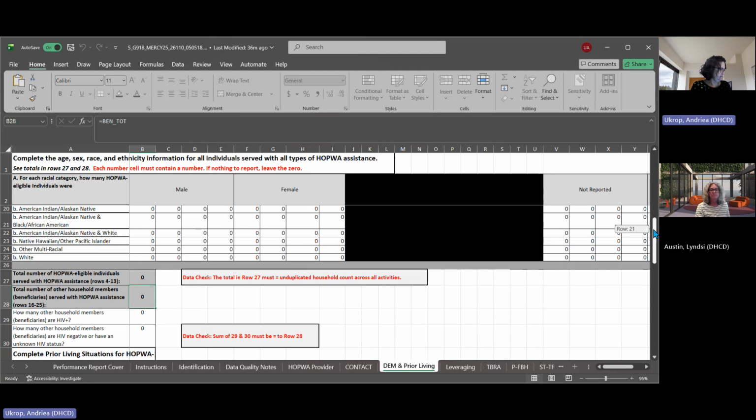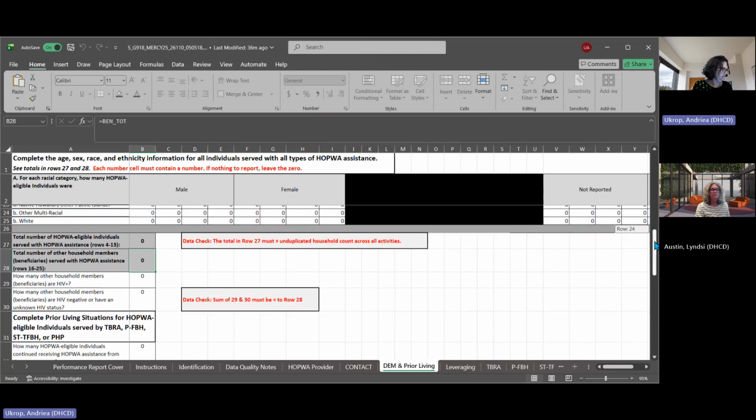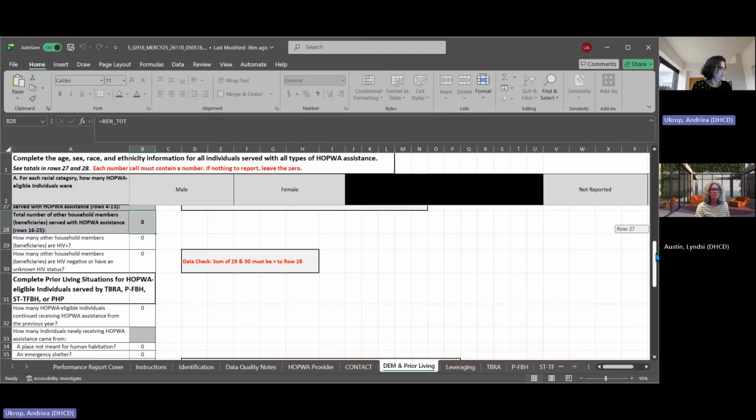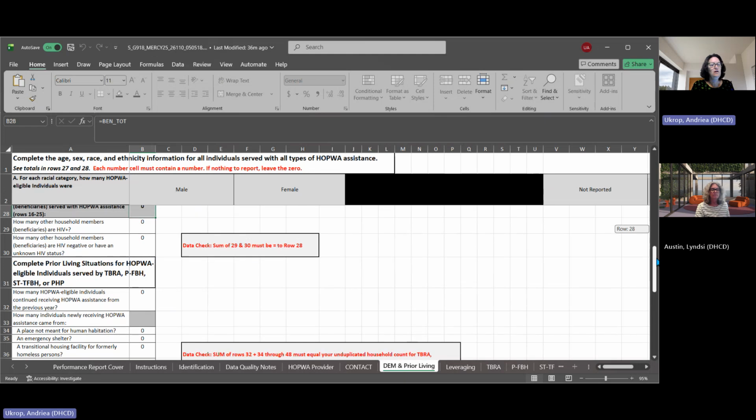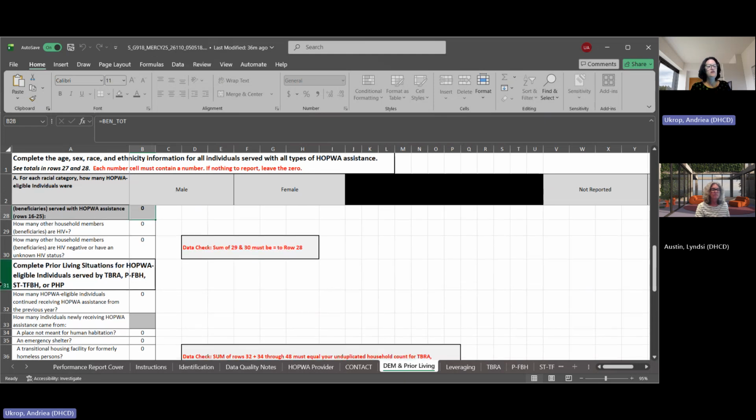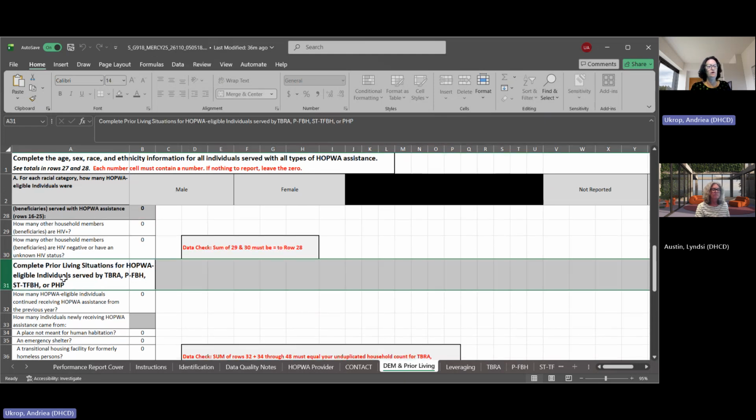All right, let's move down to section 31 or row 31. This is only to be completed on those who receive TBRA or permanent housing placement assistance.